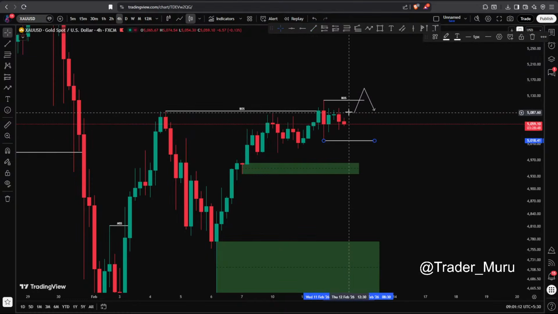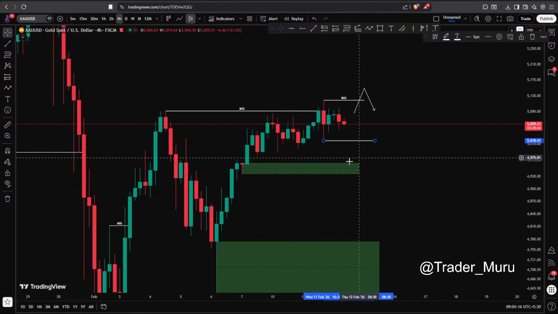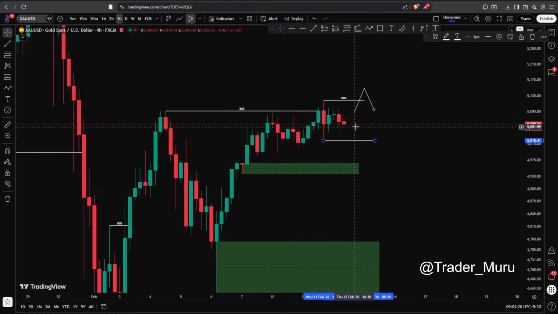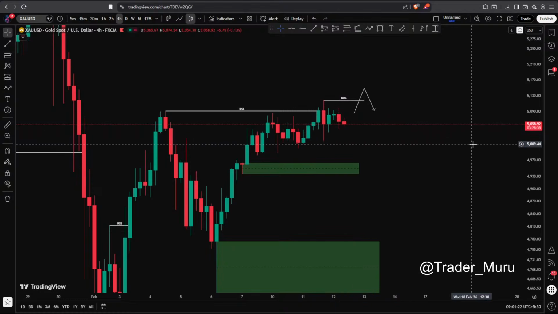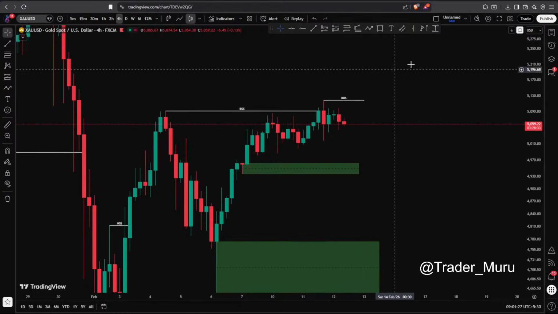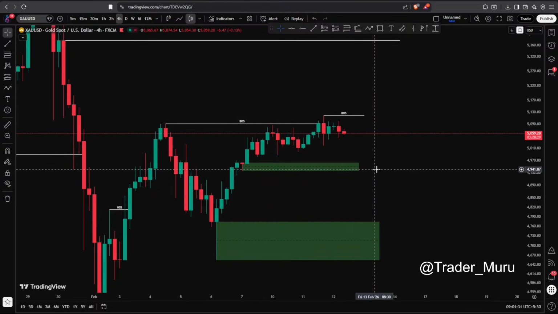Then it will be very easy for gold to change structure because it is very near it here. See this? So if it wants to go higher, it should retrace lower.